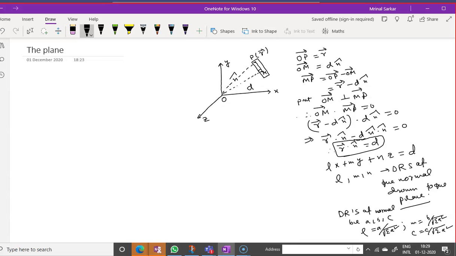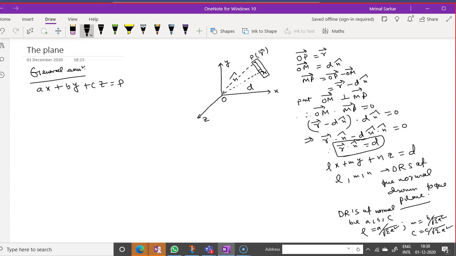By putting it there and manipulating, the general equation of plane can be taken this way: ax plus by plus cz is equal to d. We don't take d, we just change it here to p. So this is the equation of plane in general form.